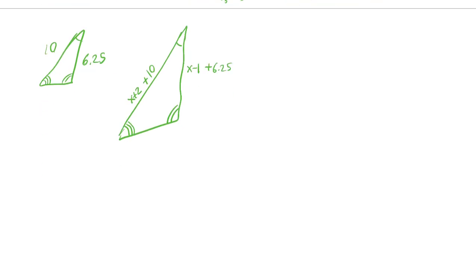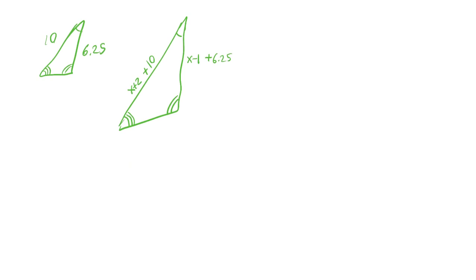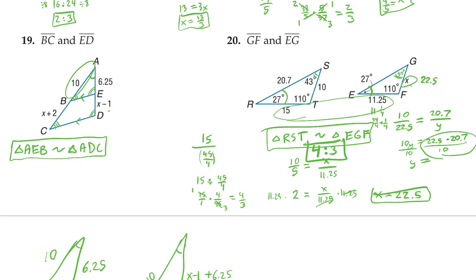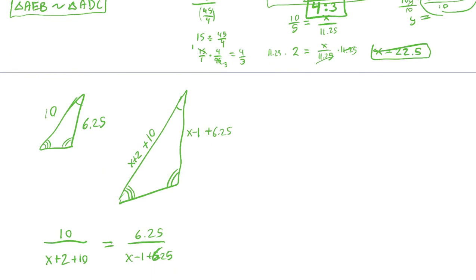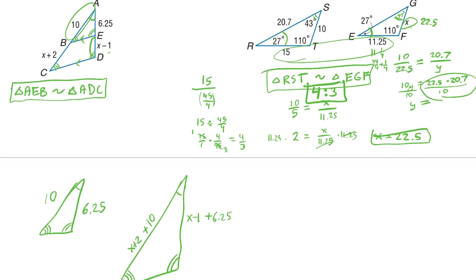So the ratio we can set up is 10 is to x plus 2 plus 10, as 6.25 is to x minus 1 plus 6.25. If we want to solve for x and the missing sides, we can't use a portion of a side. We don't have any ability right now to say a portion of a side is anything. All we know is the entire side is proportional.